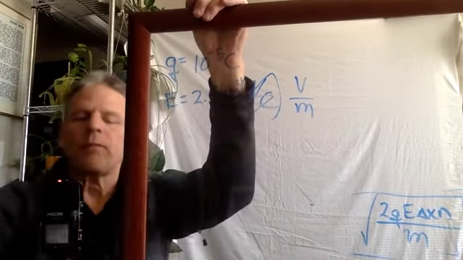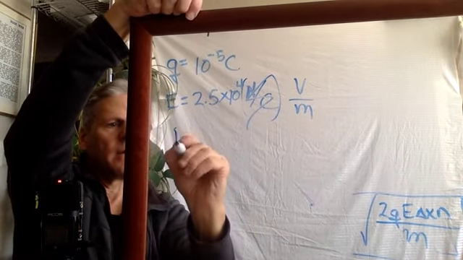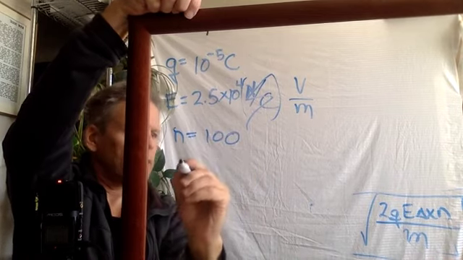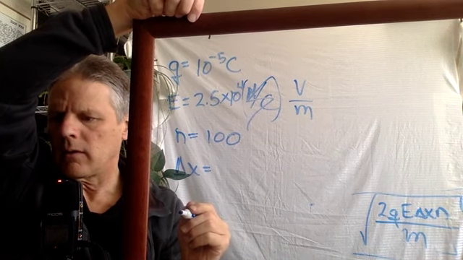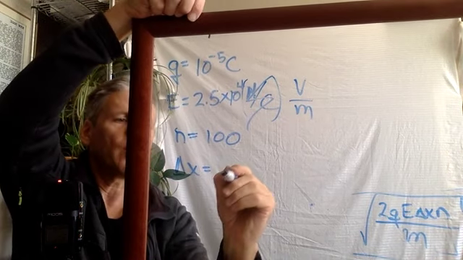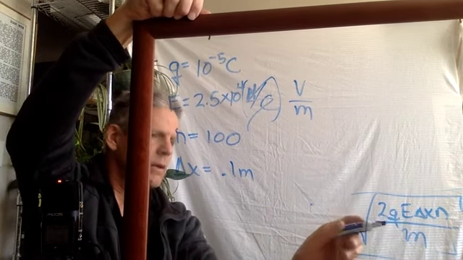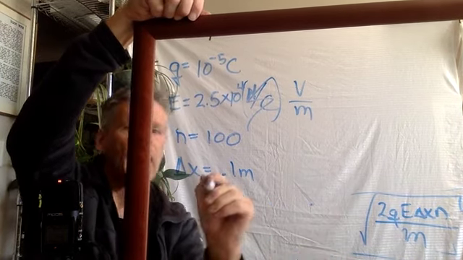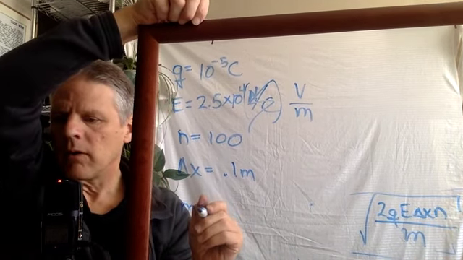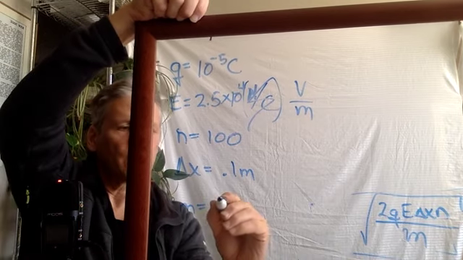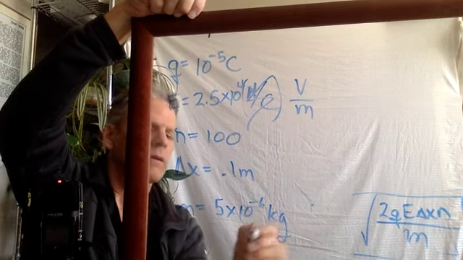All right. Volts per meter. Okay. N is equal to 100. Delta X is equal to 10 centimeters long, so that's 0.1 meters. Remember your units. They all have to be in meters. And M is equal to 5 micrograms, which we are told is 5 times 10 to the minus 6, just in case you were not remembering.